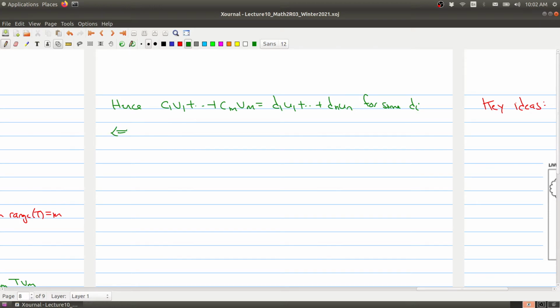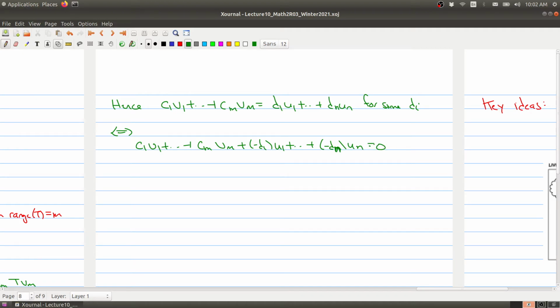But now you can rearrange this equation and you get c1v1 up to cmvm minus d1u1 up to minus dnun. Oh, sorry, these should be u's. Let me rewrite that. And this is equal to 0, okay?